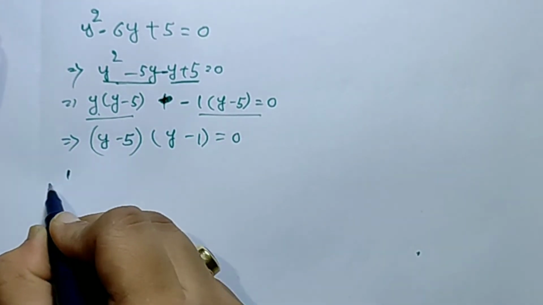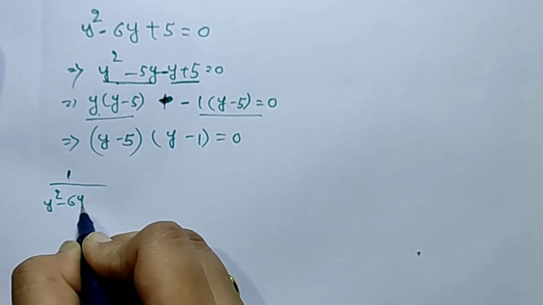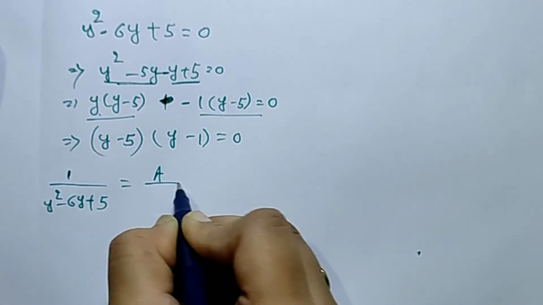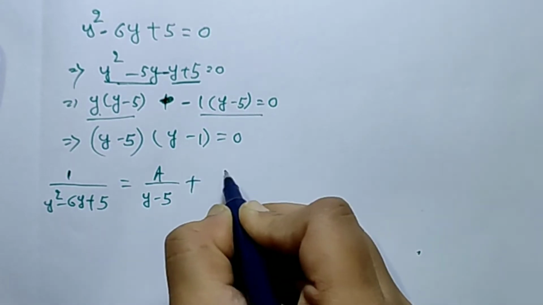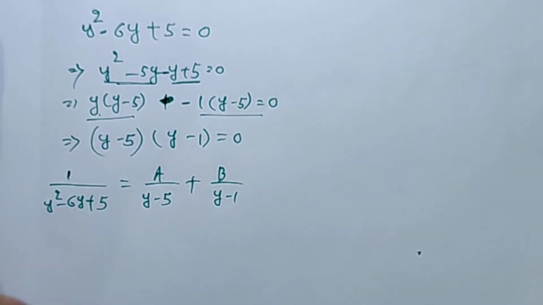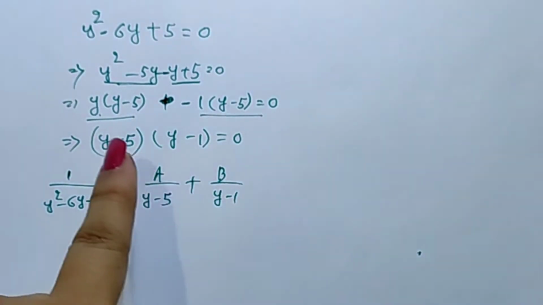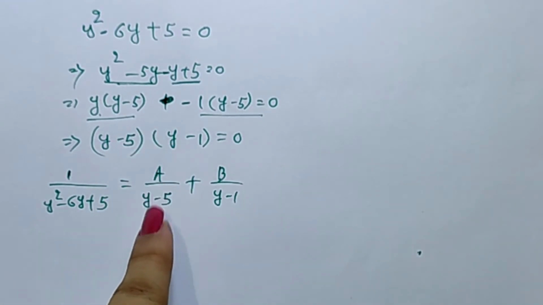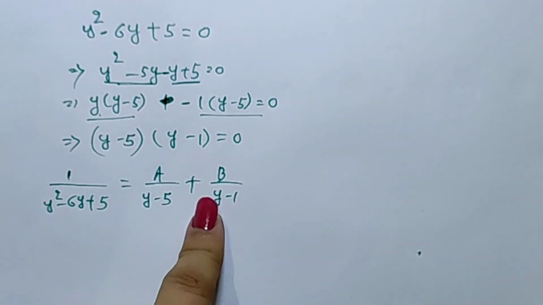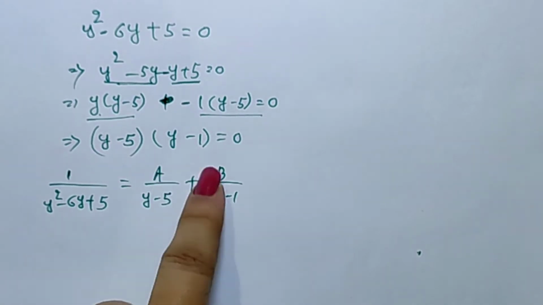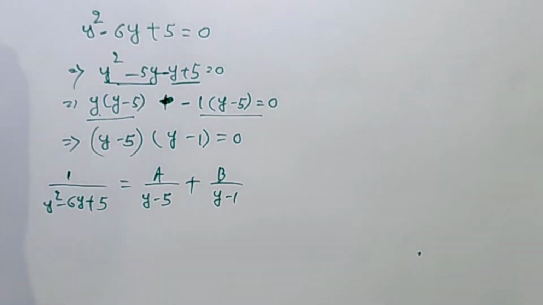Now 1 by (y square minus 6y plus 5) is equal to a by (y minus 5) plus b by (y minus 1). These are the factors. Then we can write a by one factor plus b by the other factor. Next we have to find the values of a and b.